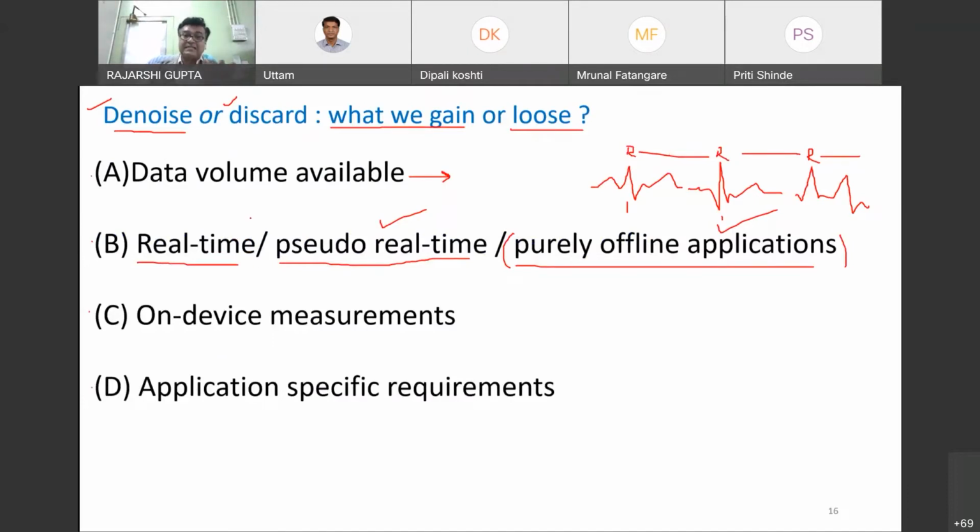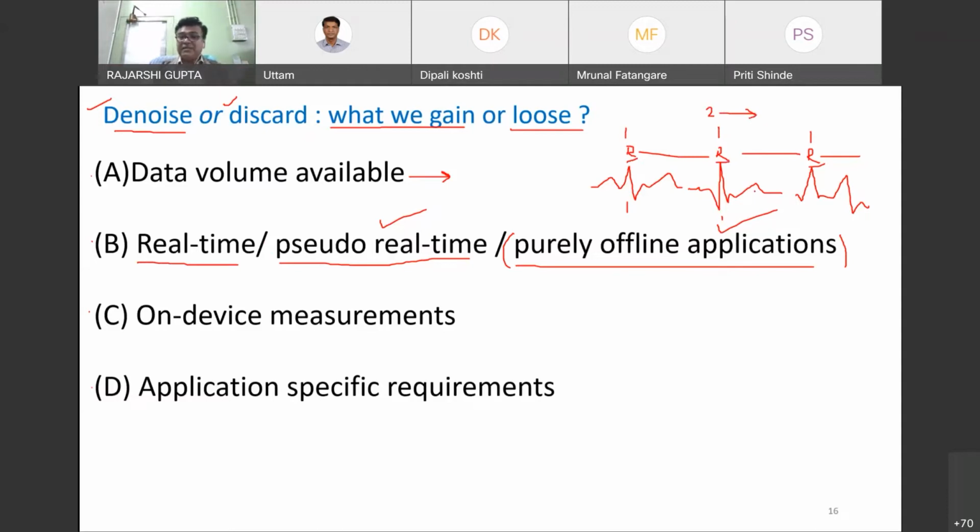Now, what is the latency? The latency is the interval in which you need to provide this HR. If the latency is say 2 seconds, then naturally you need 2-3 detections of consecutive R peaks, and immediately you need to calculate. So it is a real-time measurement.